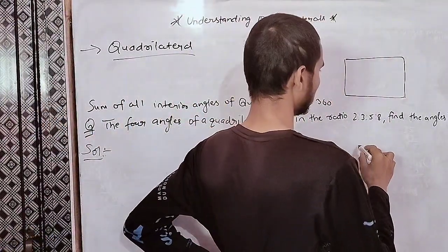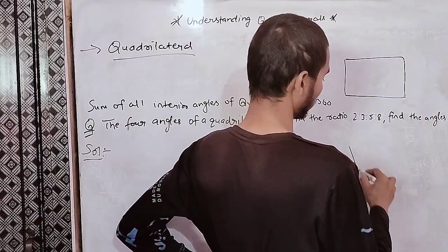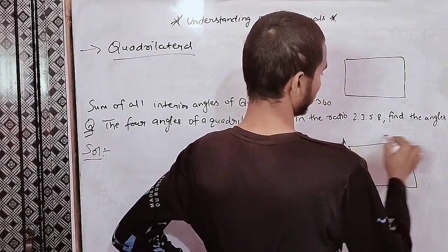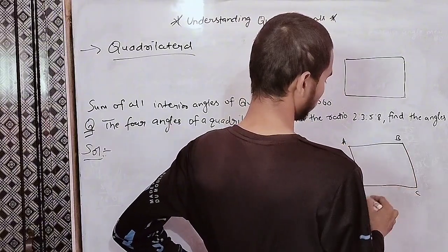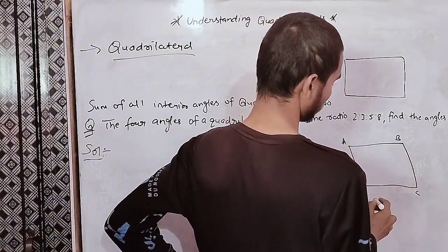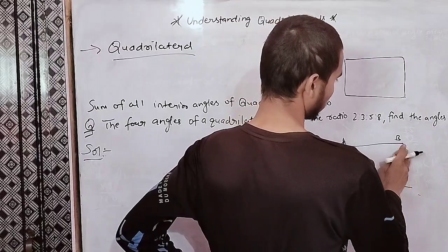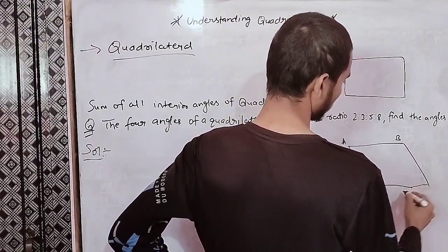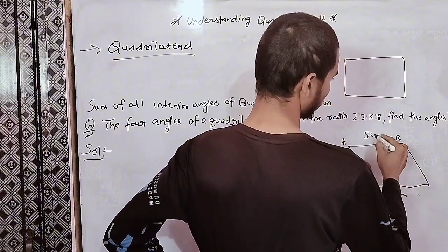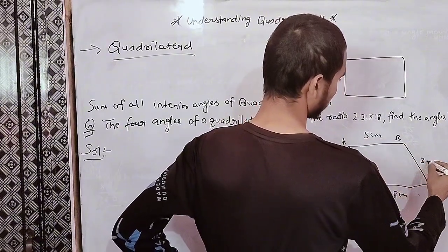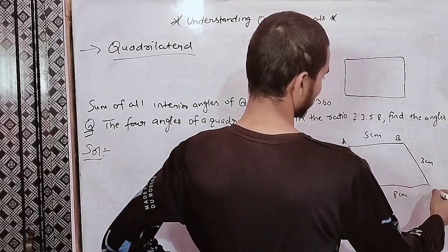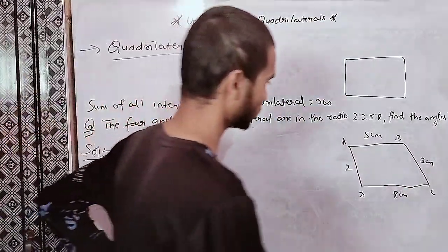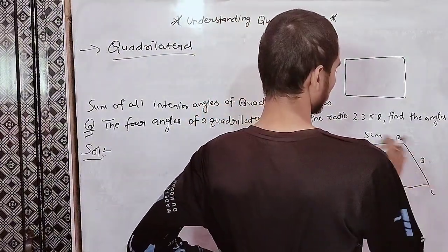Let's say A, B, C, D. This is 8, this is 5, this is 2, and this is 3. We don't have centimeters. This is just a ratio.